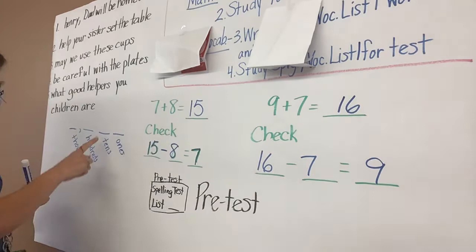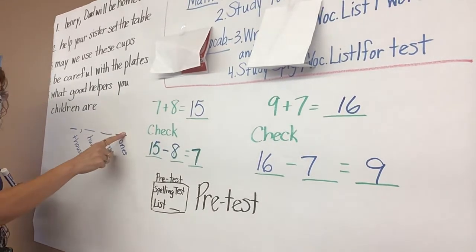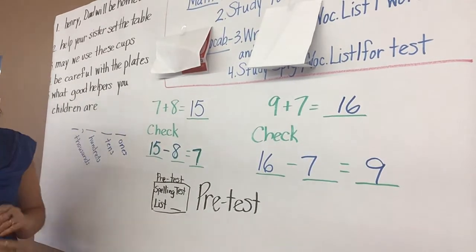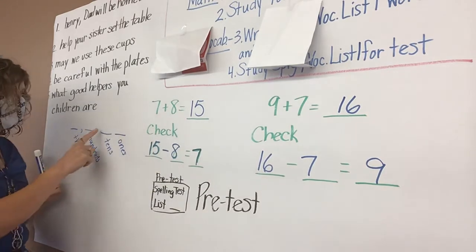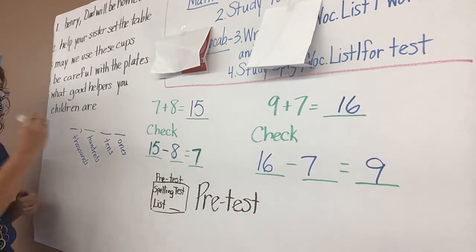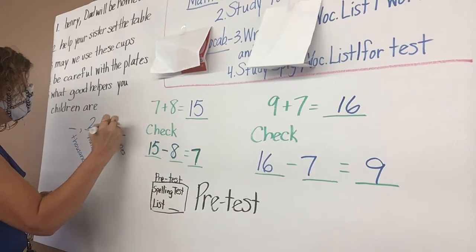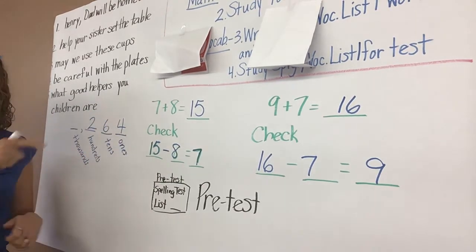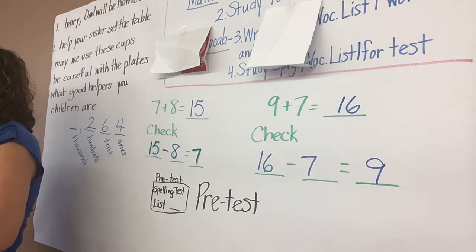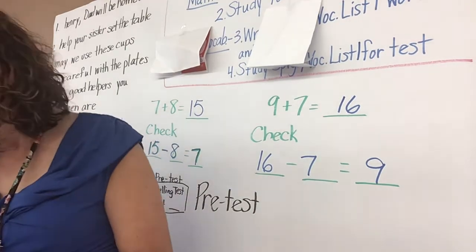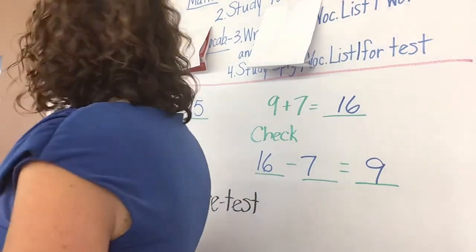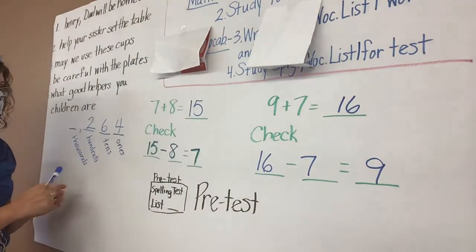So you would need to make the 6 be here, the 4 would be here, and the 2 would be there. So what number would that be? 264. Yes, so on that line, you would have written 264 if you put those numbers in the place that they told you. You're going to do the same thing for those other 2. I just wanted to show you that that's what they're talking about.